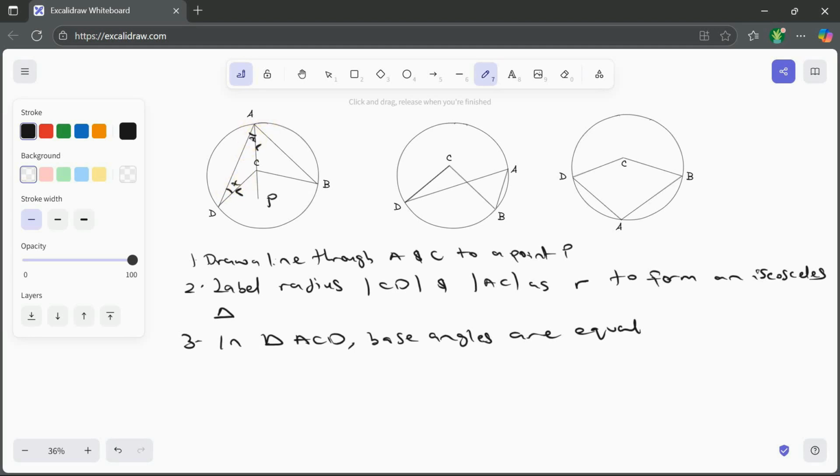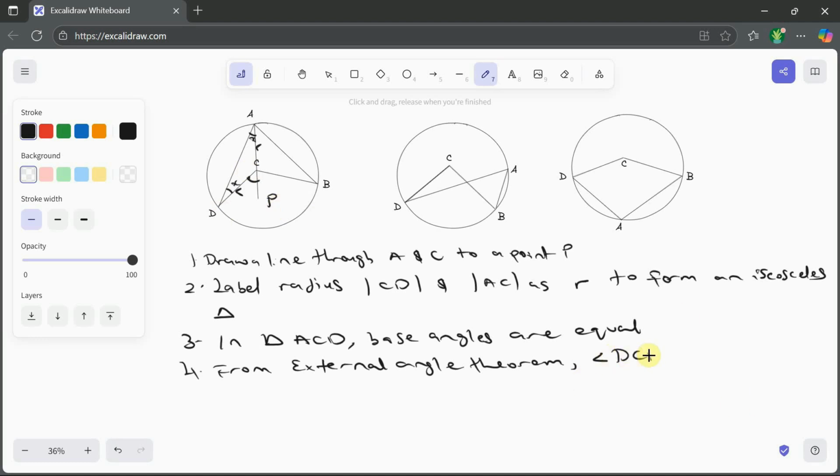We know that. Great. What else do we know? Can you remember when we were talking about the external angle theorem? It says that the external angle is equal to the sum of the opposite interior angles. See how all these things come into play. So from the external angle theorem, this is the external angle here, so that would be angle DCP.